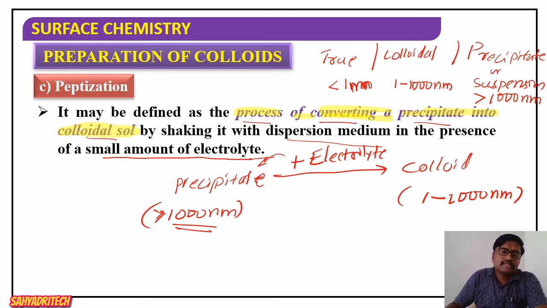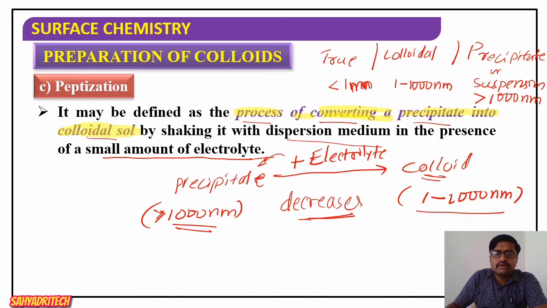The precipitate gets converted into a colloid. The size of the particle decreases and comes into the range of 1 nanometer to 1000 nanometer. So the resultant will be a colloid, and the process is called peptidization.